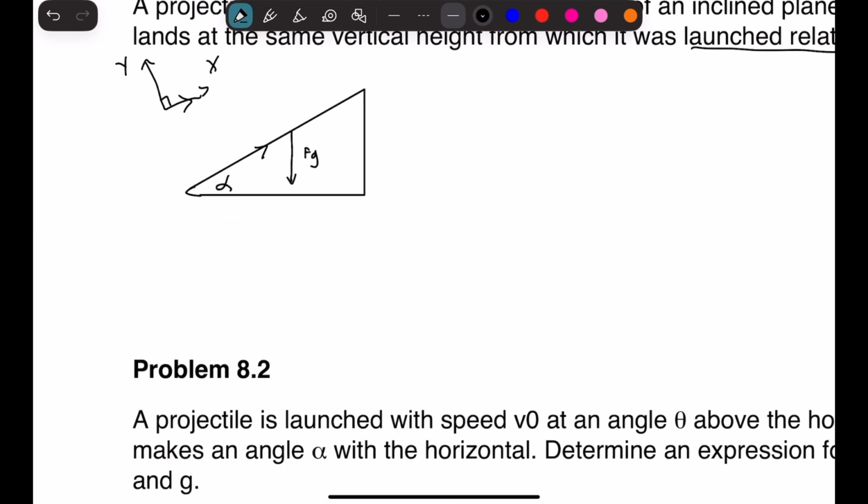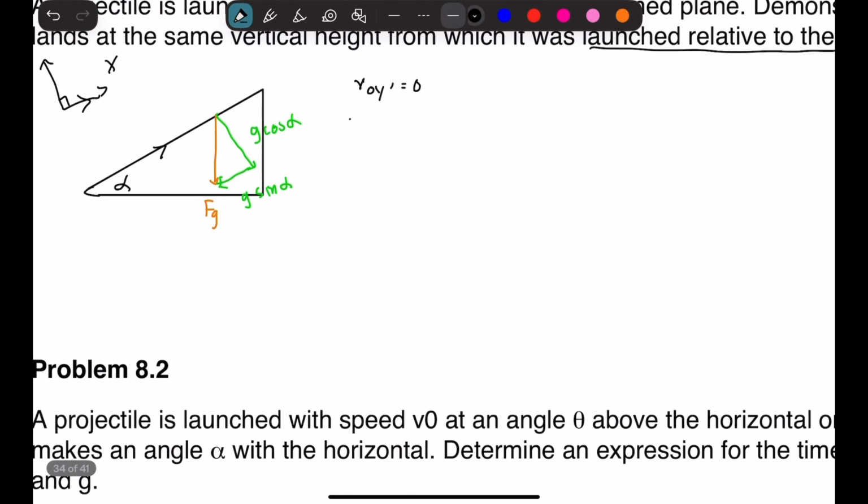We can break FG up, and for our x we're going to have g sine alpha, and for our y we have g cosine alpha. And for our initial velocity, v initial y is going to equal 0, and that's because the launch is parallel to the incline.